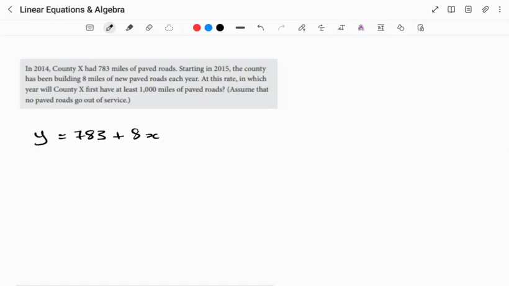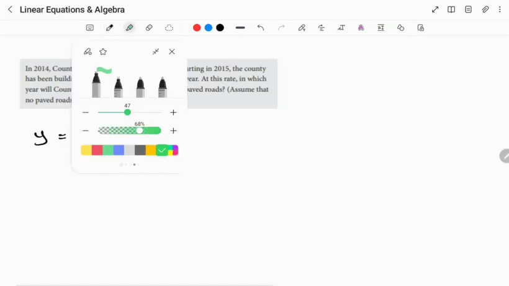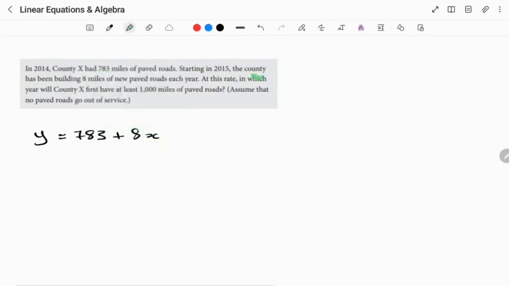The only thing that has changed is, now they're asking us, instead of how many miles, the question is, let me highlight it for you, which year will it have 1,000 miles? So we're given the miles this time and we're looking for X. We're given Y. So let's plug in the numbers.